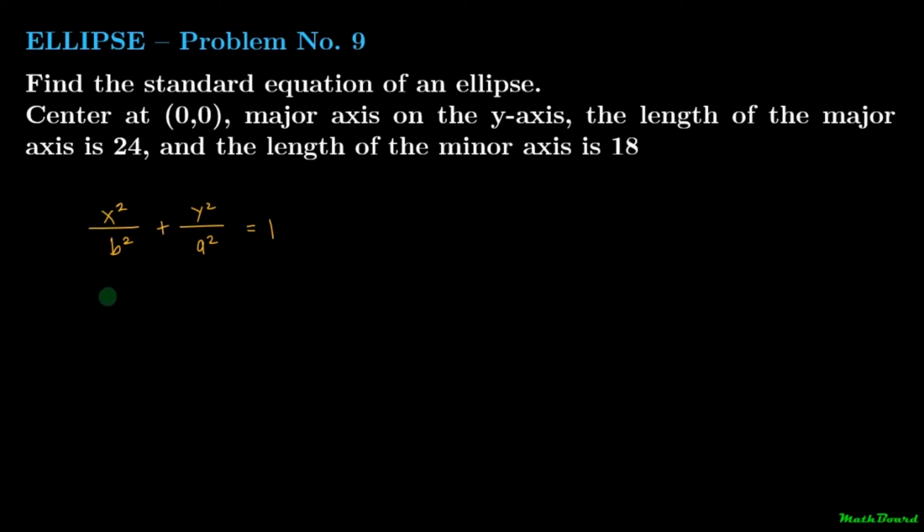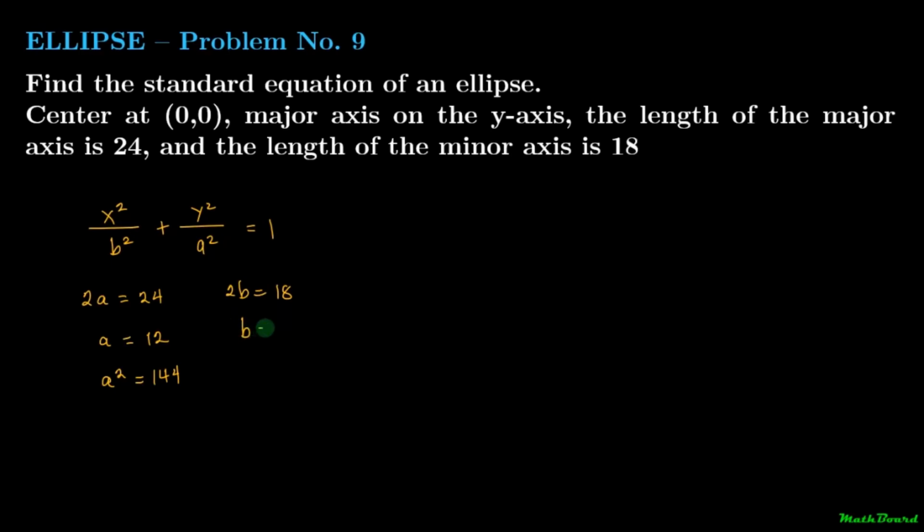The length of the major axis is 24, therefore 2a equals 24, and thus a equals 24 divided by 2, that's 12, meaning a squared equals 12 times 12, 144. Then the length of the minor axis is 18, therefore 2b is equal to 18, right?